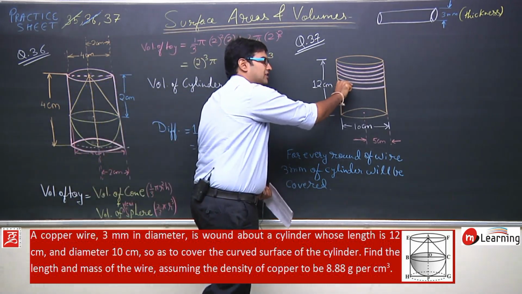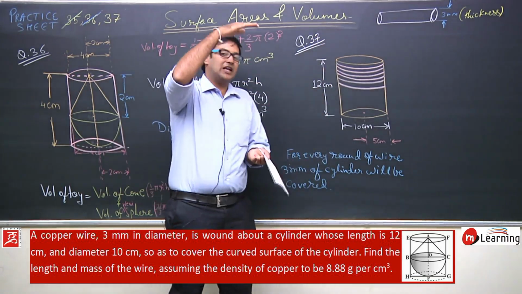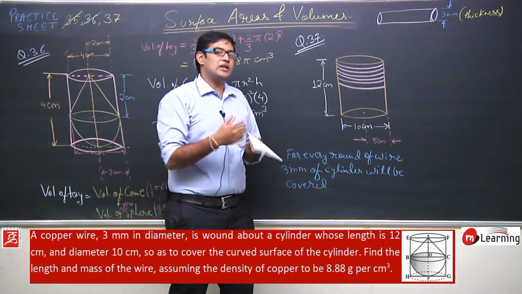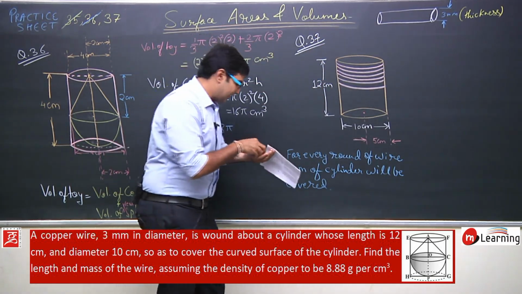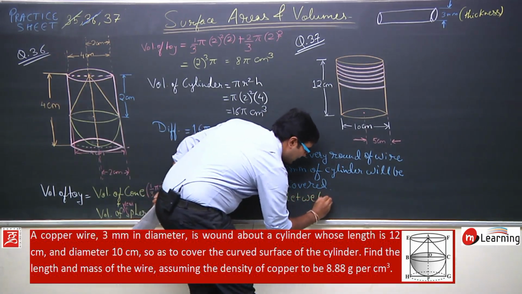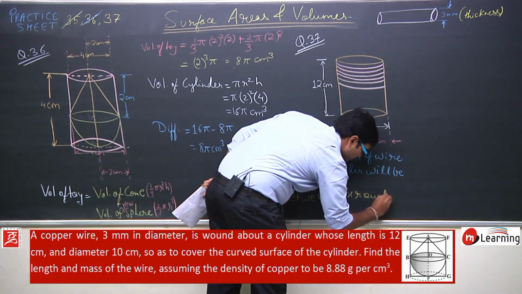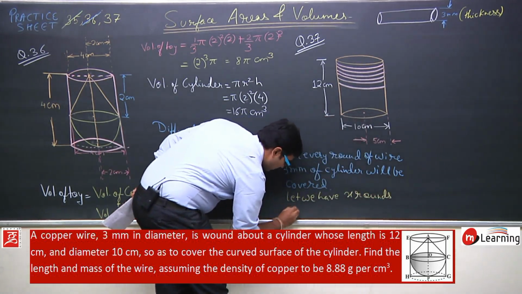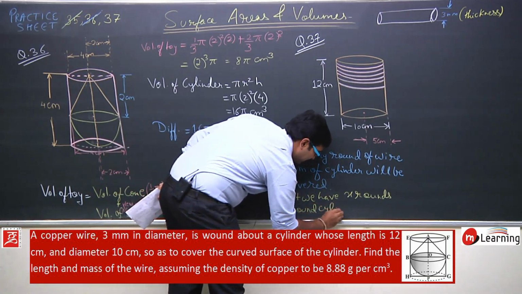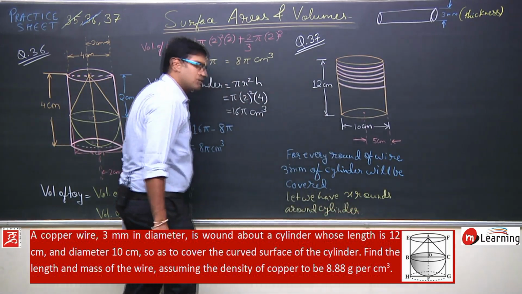So this round will cover 3 mm, this round will cover 3 mm, and so on. So they will cover 3 mm each round. But I do not know how many rounds I need to have. So let us say we have x rounds around this cylinder.